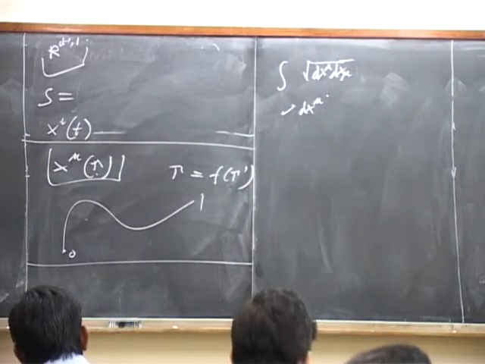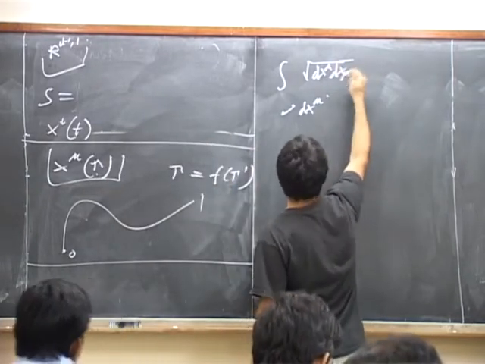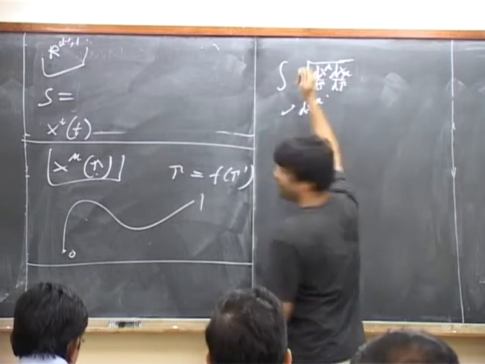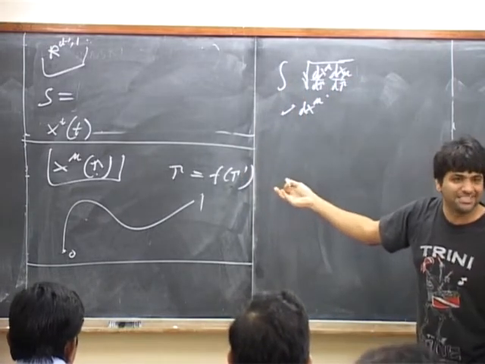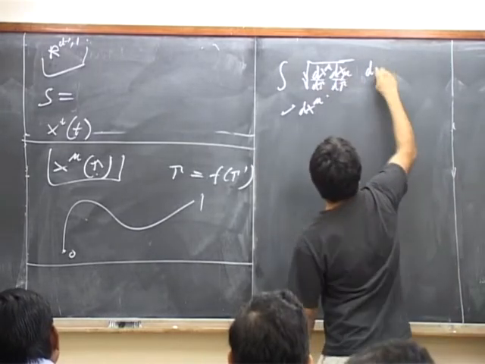The metric is the identity. Okay? Now x is parameterized by tau. So what we could do is put a d tau here and put a d tau there. But we don't really want the tau. That's just fictional. It's fake. So we multiply and divide by d tau, so we put a d tau.